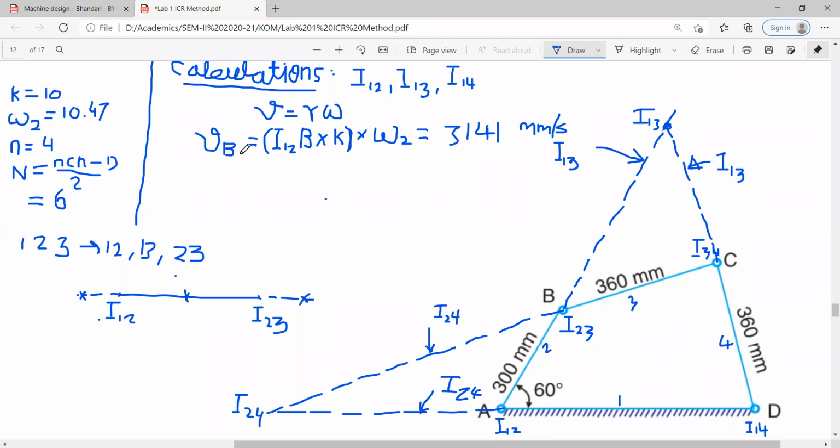See, पॉइंट B को अभी हमने क्या कंसिडर किया था, लिंक 2 पे कंसिडर किया था, लेकिन पॉइंट B जो है वो लिंक 3 पर भी है बिकॉज इट इज अ कॉमन पॉइंट। सो वेदर point B is on link 2 or link 3, it will not affect its velocity.